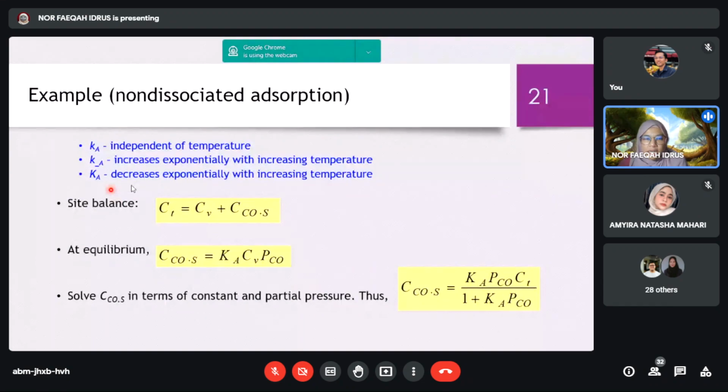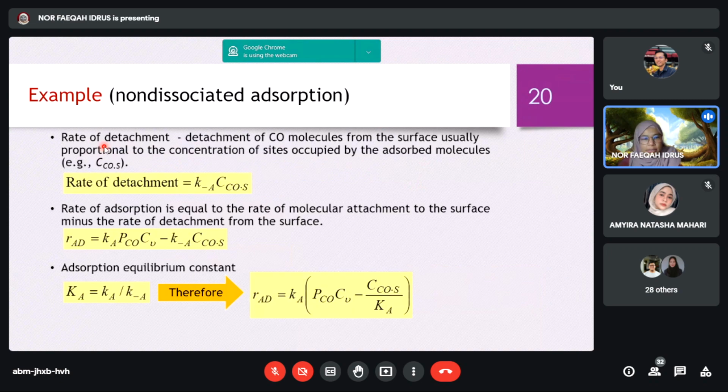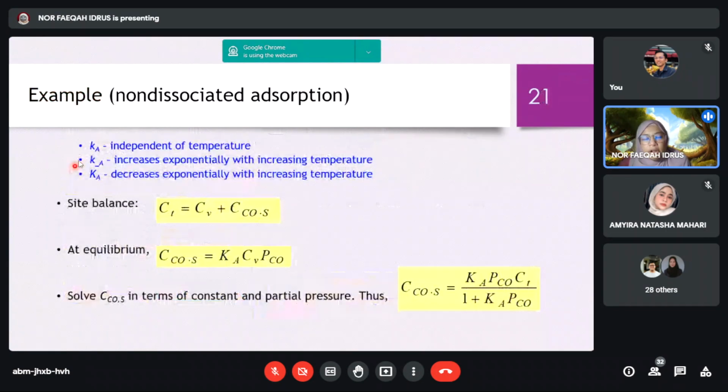So this is the thermodynamic relation with temperature. The rate constant for the attachment is independent of temperature, but the rate constant for detachment increases exponentially with increasing temperature.